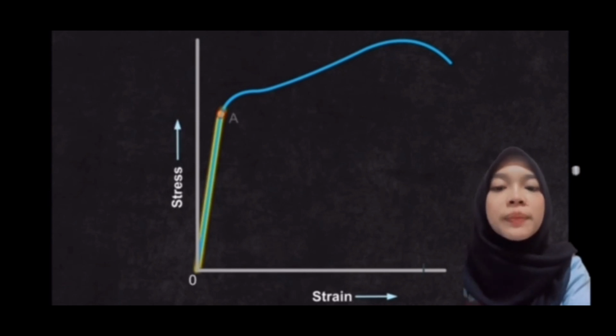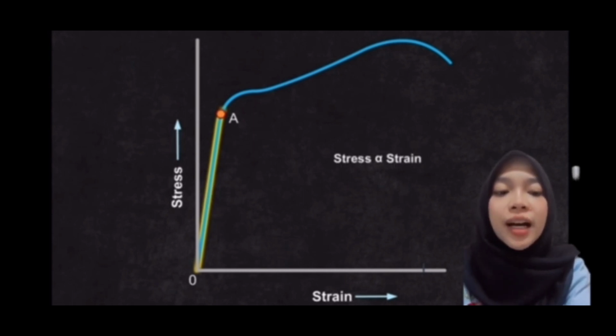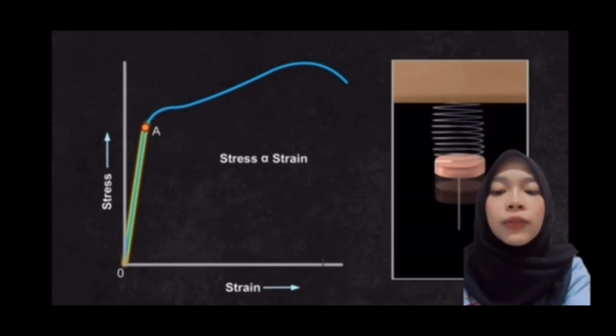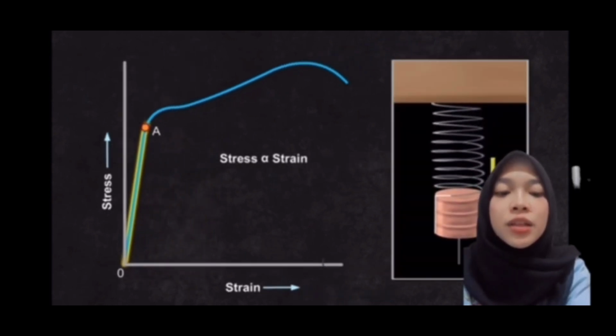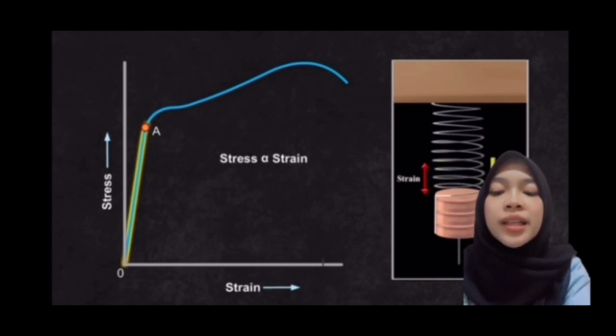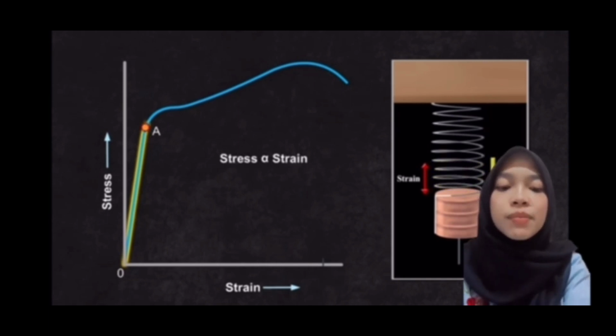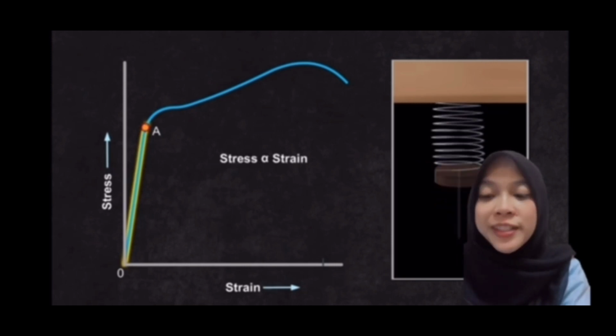It's not proportional beyond point A. Stress at point A is known as the proportional limit. Hooke's law is valid up to point A. The slope of line OA represents Young's modulus, or modulus of elasticity, E. It can be calculated as stress divided by strain at the proportional limit.